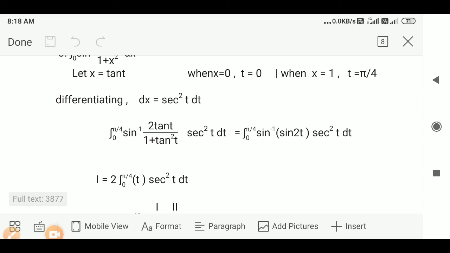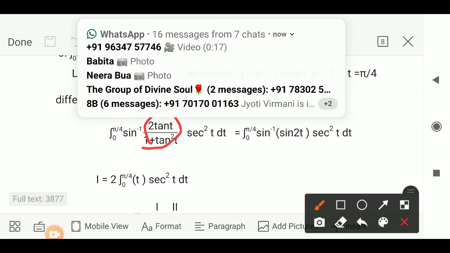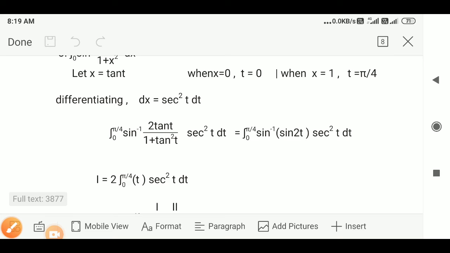So this is sin 2t. Now sin inverse sin becomes 2t only. So we get 2t sec square t dt. Now taking 2 common, we get 2 times integral 0 to pi by 4 of t sec square t.